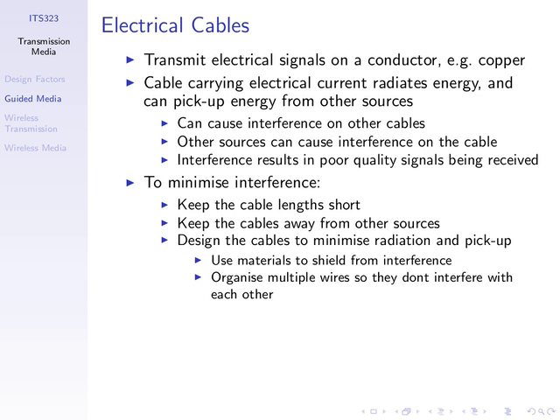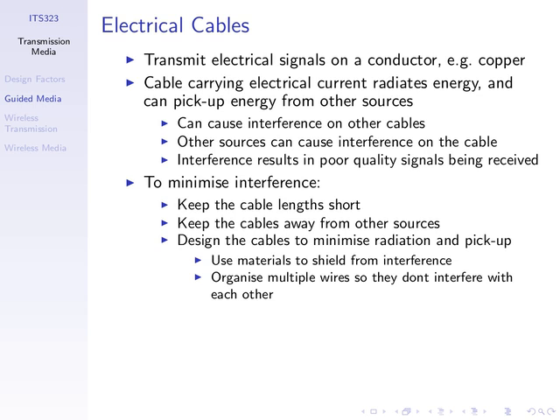When we do this, if we transmit our electrical signal across our conductor, then that signal radiates energy out. And it also can pick up energy from other sources. So if we're transmitting across one wire, some of the energy goes out of that wire. And if there are nearby wires transmitting, then energy from them may be picked up by our wire.